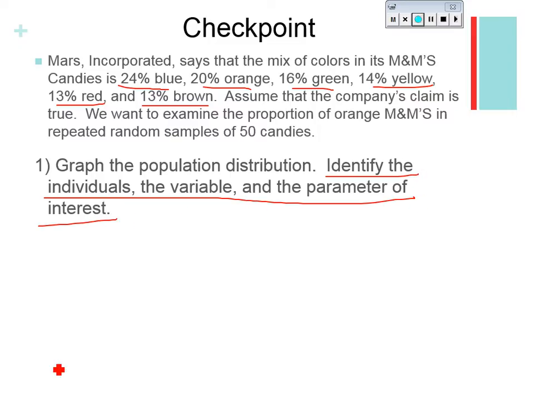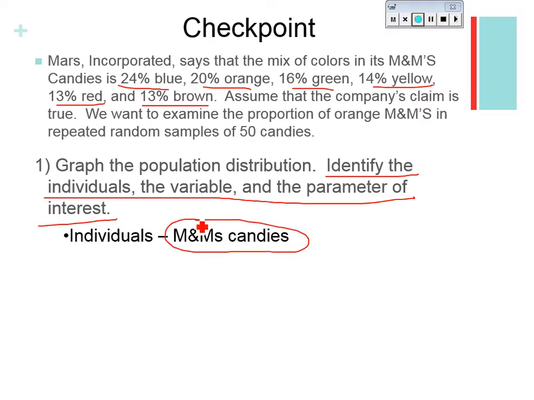So in terms of identifications, the individuals would be what it is that we're talking about. In this case, that would be all of the M&M candies, and then the variable in this would be the color. That's what's changing in terms of what I could choose that's in the bag. I could get any one of these 6 different colors.